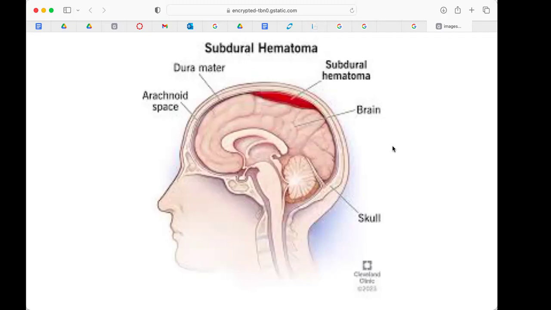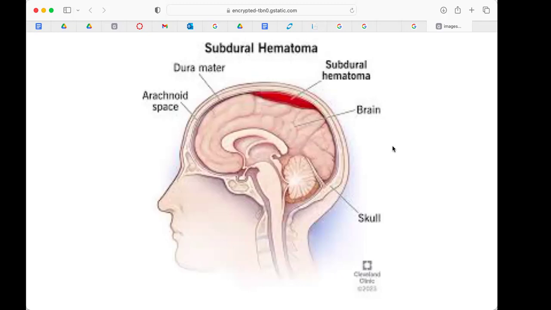So with a subdural hematoma, as you can see, it's a collection, a pooling of blood. This is going to increase ICP because the blood begins to take up space where the brain should be. That increased ICP is going to press on the arteries of the brain, and the area where those arteries are supposed to perfuse will become ischemic and then eventually die because it's not getting enough oxygen.